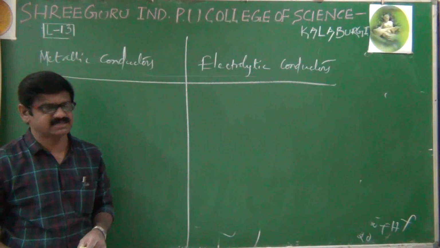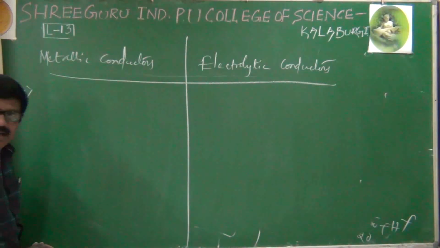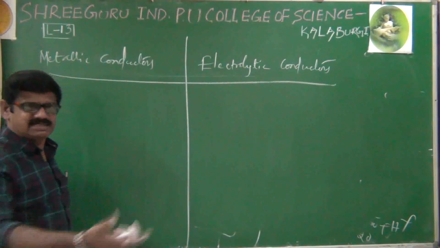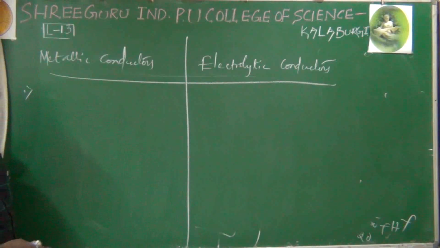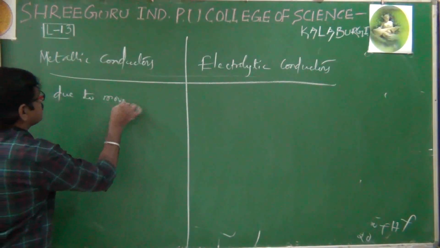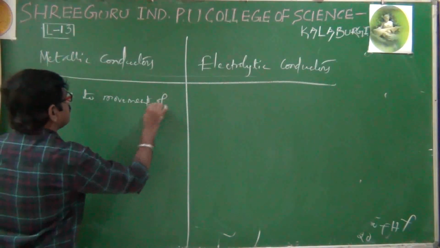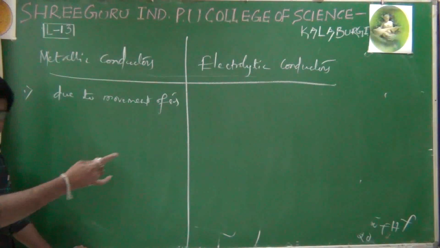In that, first, metallic conductors allow the current to pass through them due to movement of electrons.